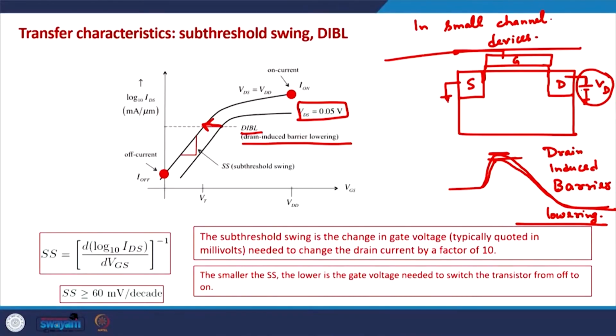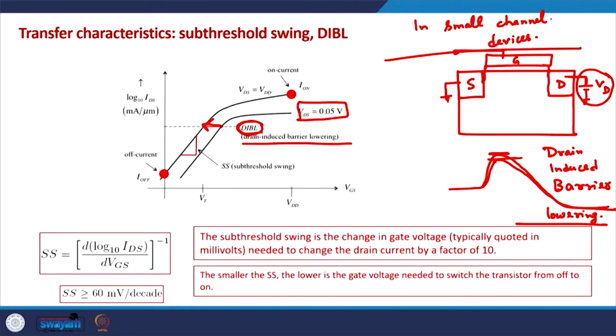Okay, so it may reduce the reliability of the device because in a chip the drain terminals of various transistors may be at different voltages, which means that it will create a variation in the threshold voltage, and that might create variation in the current or in the charge in the channel. Okay. So, this DIBL effect is actually an undesirable effect.